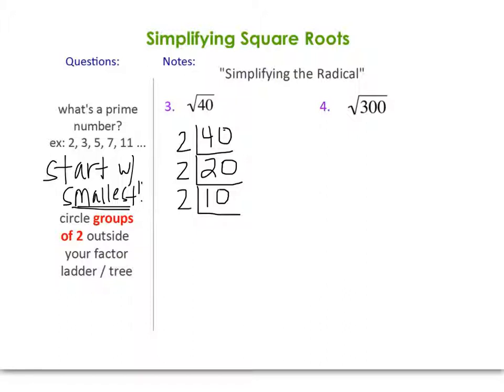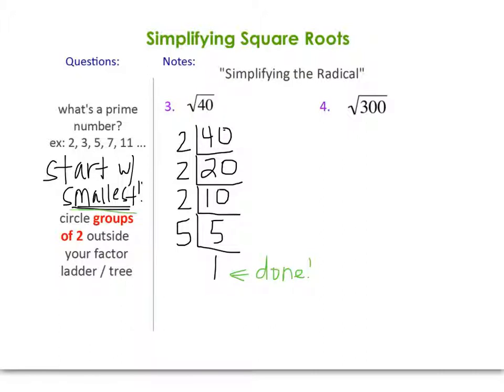Well, 2 goes into 10 and gives me 5. What's the smallest prime number that goes into 5? Be careful, this one's tricky. Well, 5 is a prime number, so 5 goes into itself and gives me 1. So when you get to 1, you know you're done.